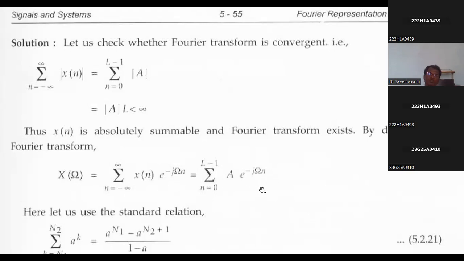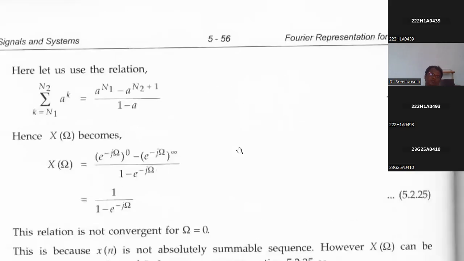Now use the general formula for the geometric series over finite intervals: summation of k equal to n1 to n2 of a power k is equal to a power n1 minus a power n2 plus 1, divided by 1 minus a. Here n1 is the lower limit and n2 is the upper limit.